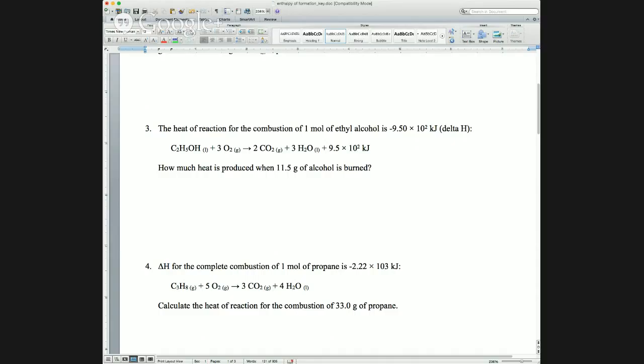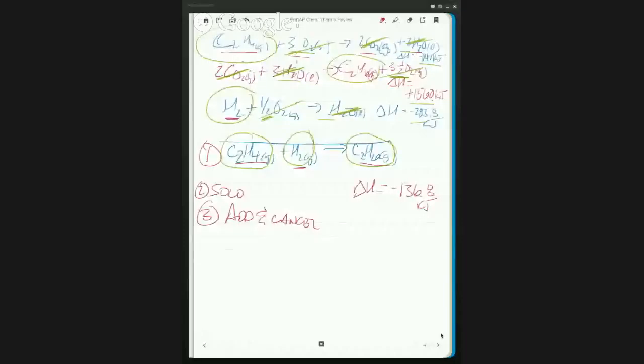All right, so what I'm gonna do is, now that you guys have seen this reaction, I'm gonna go ahead and share my Bamboo paper, and I'm just gonna go through how to solve this. Okay.